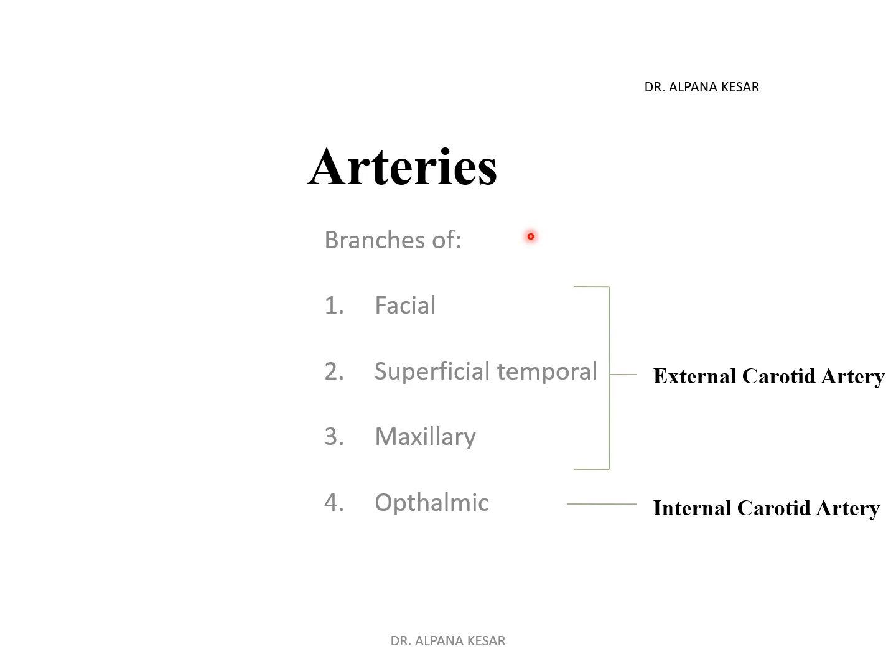Arterial blood supply to the face is primarily by facial artery. Facial artery is a branch of external carotid artery. Blood to the face is also supplied by superficial temporal and maxillary arteries, both of which are branches of external carotid artery.